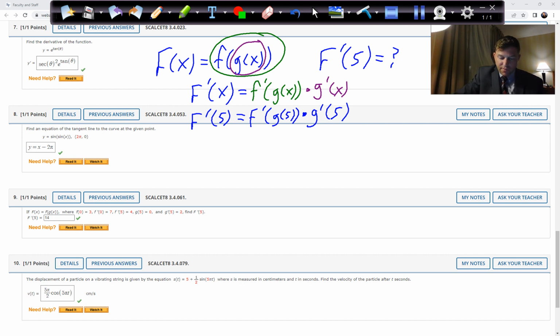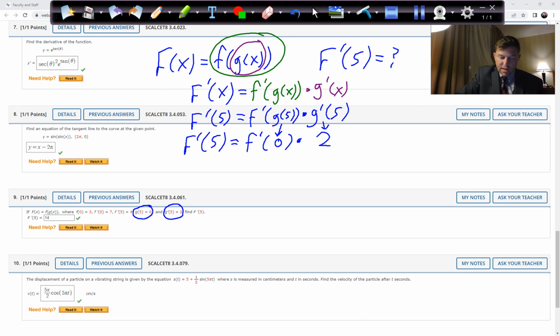But g of 5 is 0. So f prime of 5 is going to equal little f prime of 0. So we replace g of 5 with 0. Times g prime of 5 is 2. So we replace that whole thing with 2.